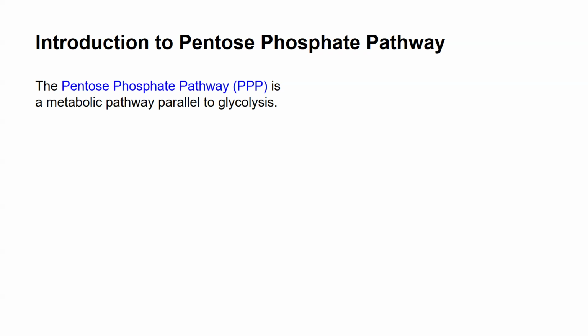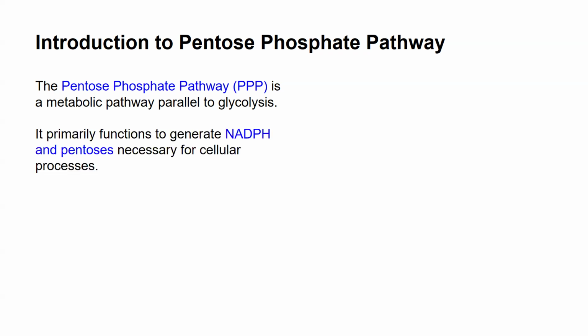to glycolysis. And the primary function of the pentose phosphate pathway is that, at the end of the pathway, it generates NADPH and pentoses, which are necessary for cellular processes.